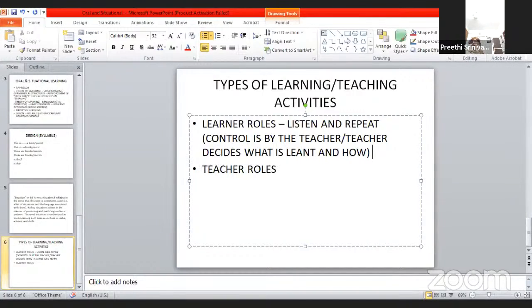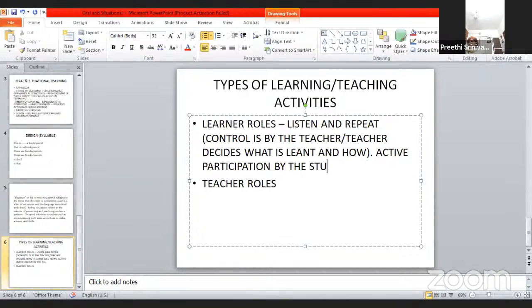So initially, the control is by the teacher. Later on, active participation by the student comes. So you see the teacher control.